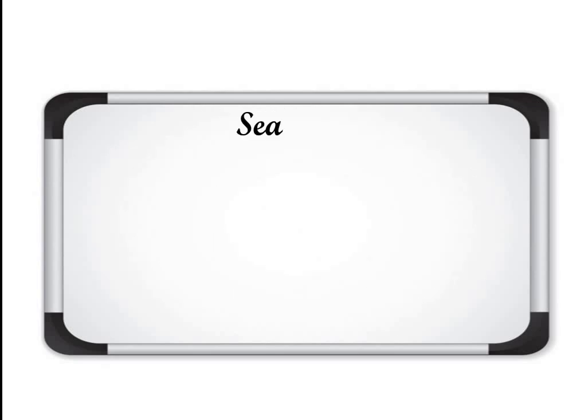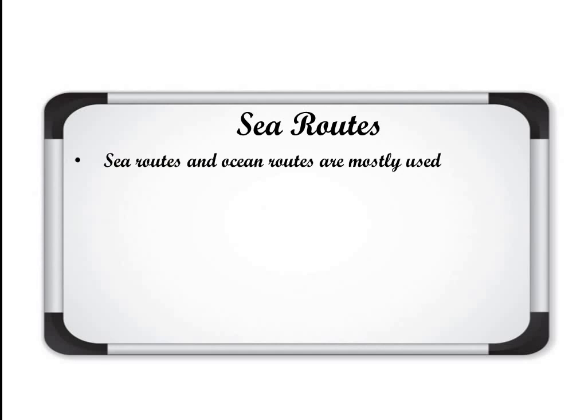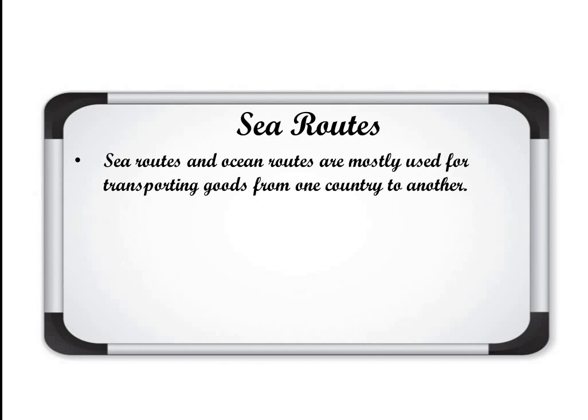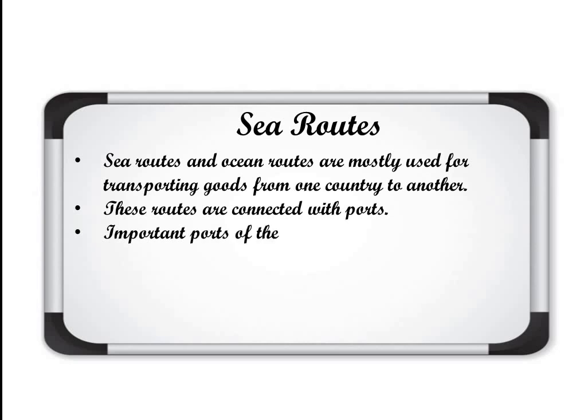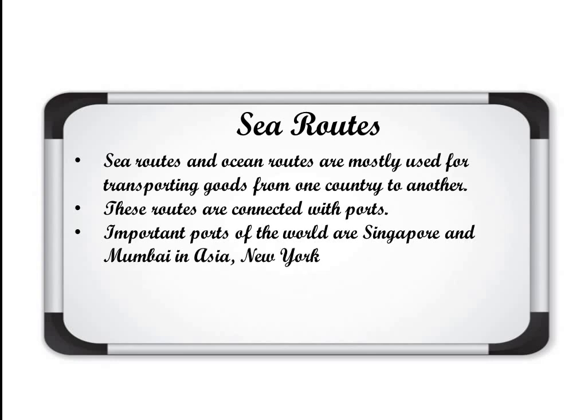The next is sea routes. As I told you, they connect country to country for transportation. Sea routes and ocean routes are mostly used for transporting goods from one country to another, that I explained to you. These routes are connected with ports. Now what is this port? The place where ships are loaded or unloaded is known as a port.